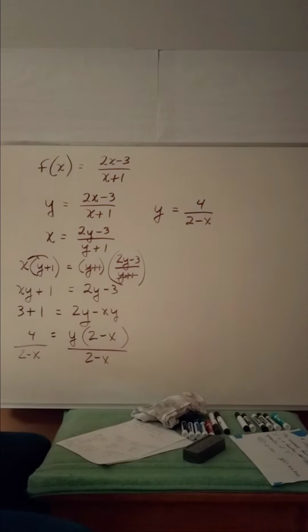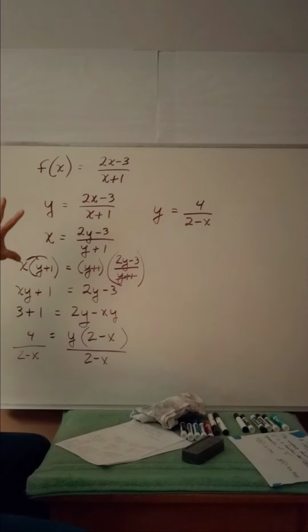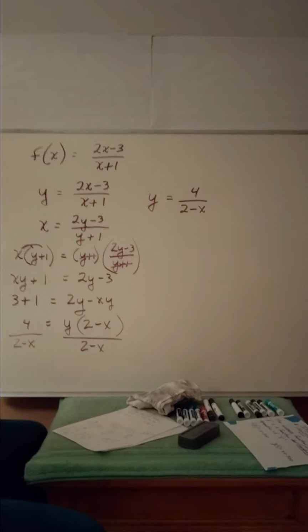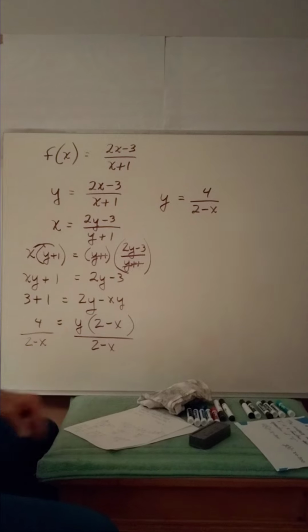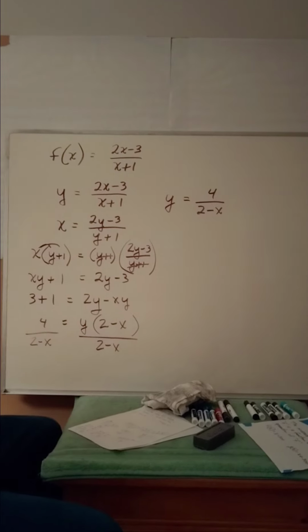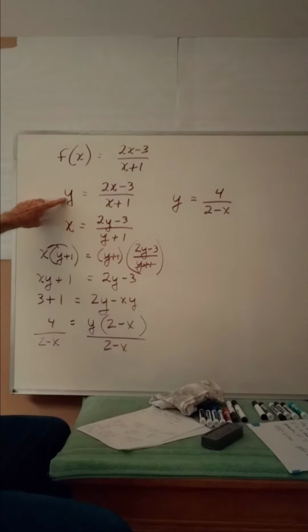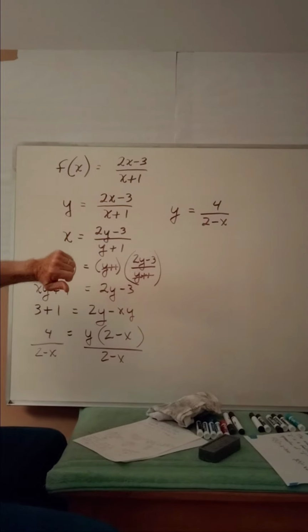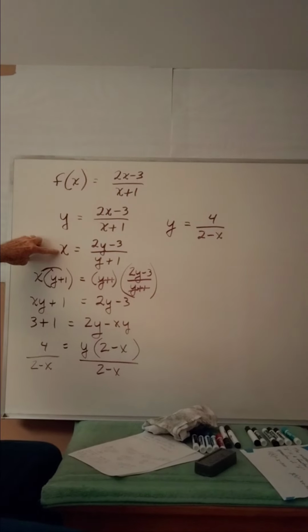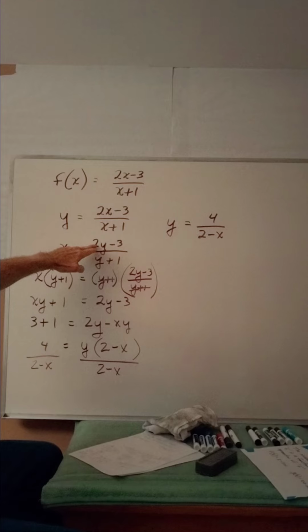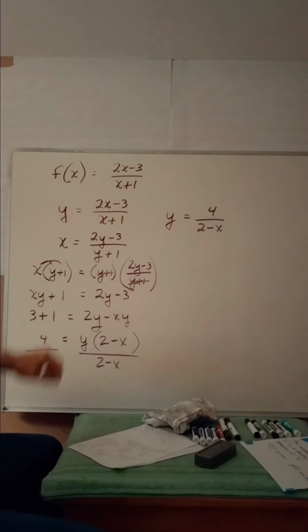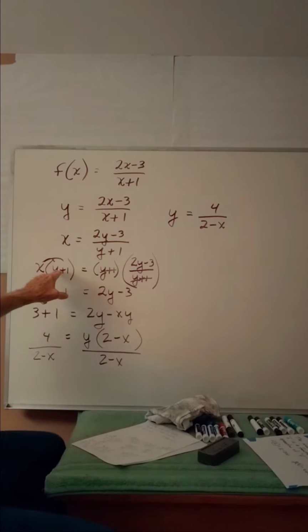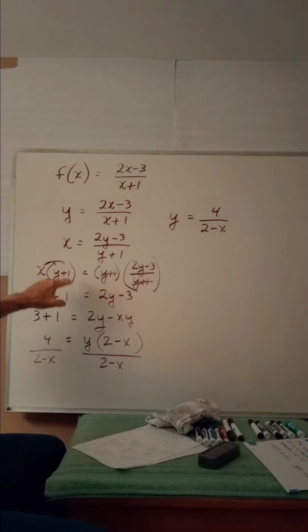Folks, I just want to take a look at this from the beginning just to make sure that everything is okay. I want to make sure, number one, that I copied it down right, which I believe I did. Replaced f(x) with y. He's the same. Switched. x is equal to 2y minus 3 over y plus 1. Multiplied both sides by y plus 1.